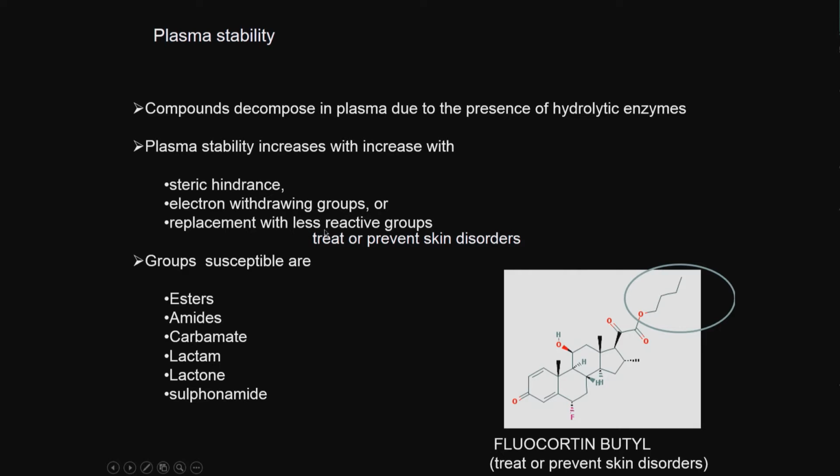You can replace with less reactive groups so that the cleavage does not happen. But remember, these types of groups can have plasma instability. Esters, amides, in this order, esters are extremely susceptible to hydrolytic enzymes, then amides, carbamates, lactams, lactones, sulfonamides, and so on. So this is the strategy by which we can enhance plasma stability.